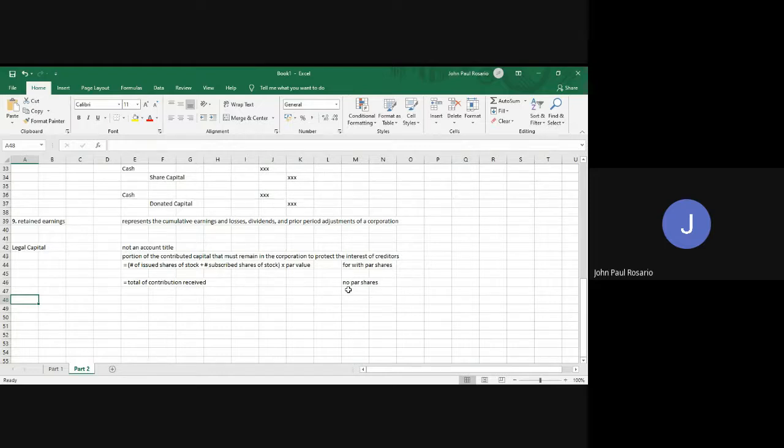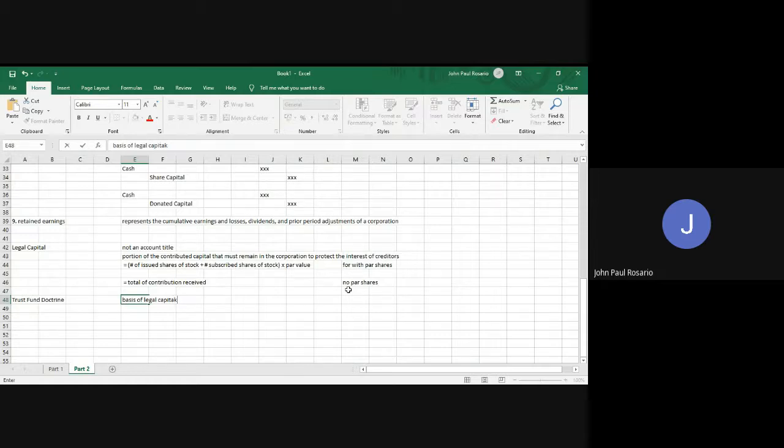Why do we have this legal capital? It is because of the trust fund doctrine. So this trust fund doctrine is the basis of legal capital.